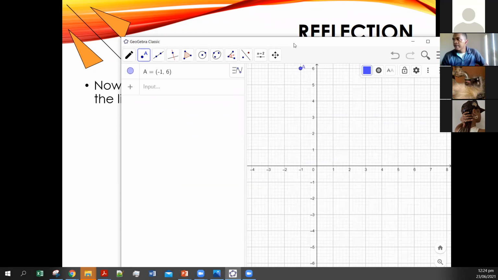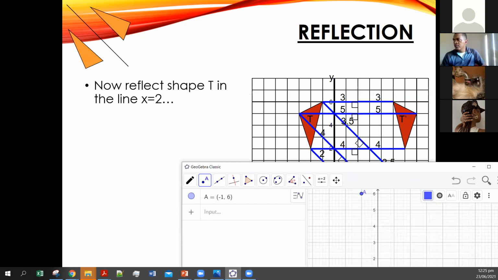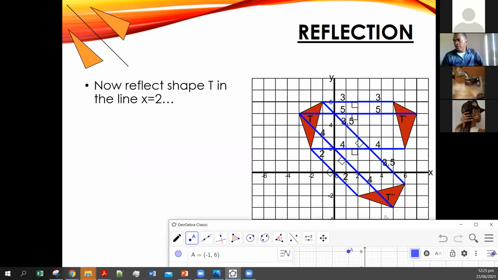Yes, I called that. This one is the original T. This one is T prime, and this one is T prime prime or prime 2.